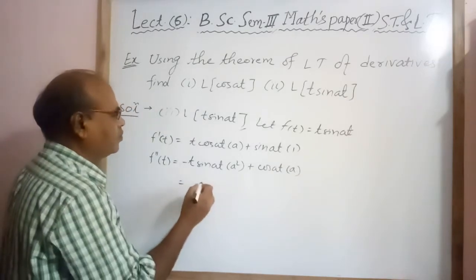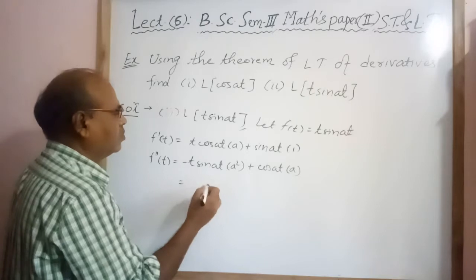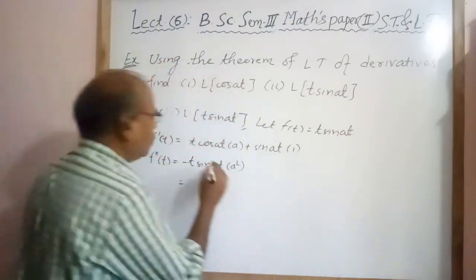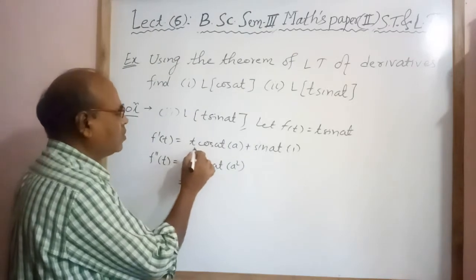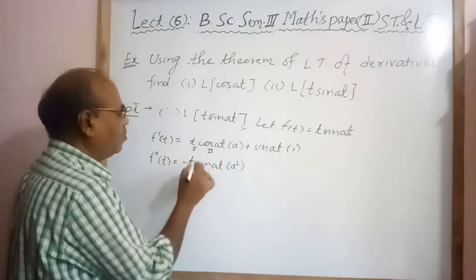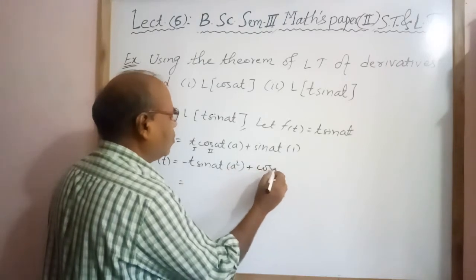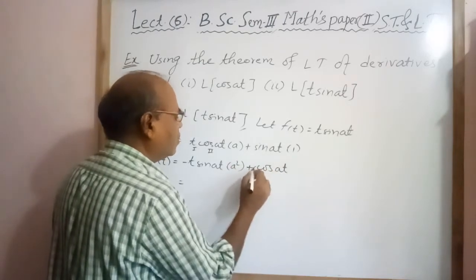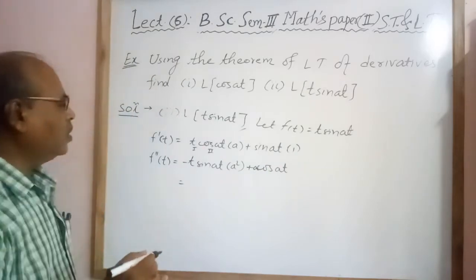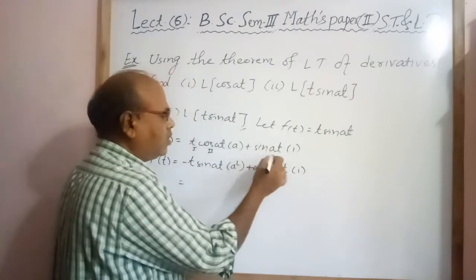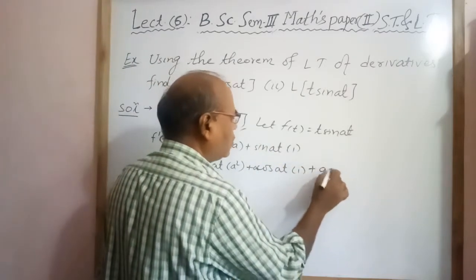Now we have the product formula here: first function into derivative of second, plus second function cos at into a into derivative of first, 1, plus derivative of sin at, cos at into a.